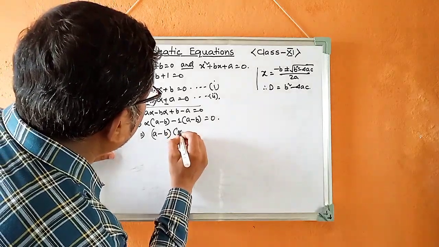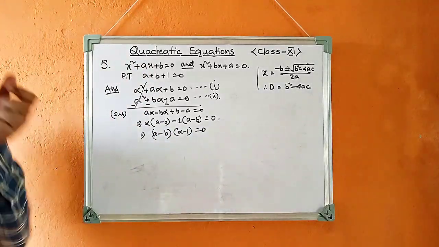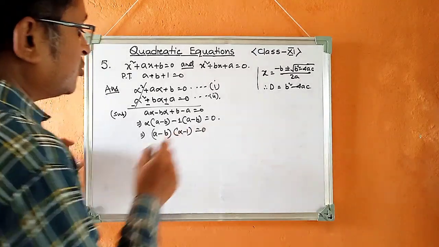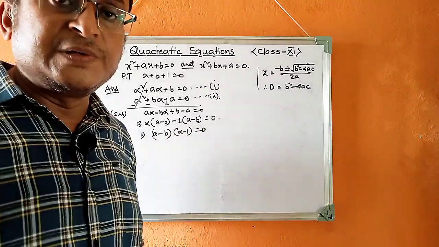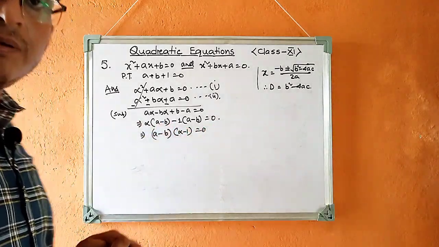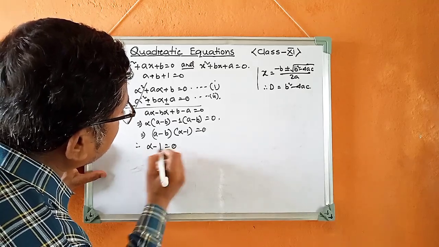So we get a minus b into alpha minus 1 is equal to 0. Now the product of these two numbers is 0, so one of them must be 0. So a minus b equal to 0, otherwise alpha minus 1 equal to 0.